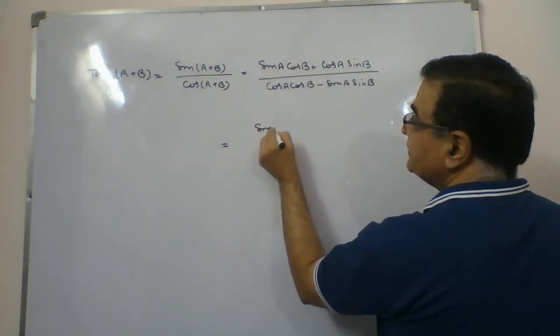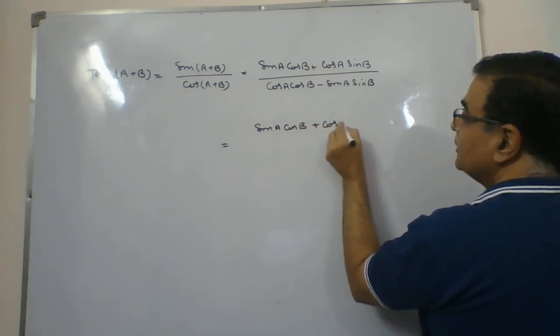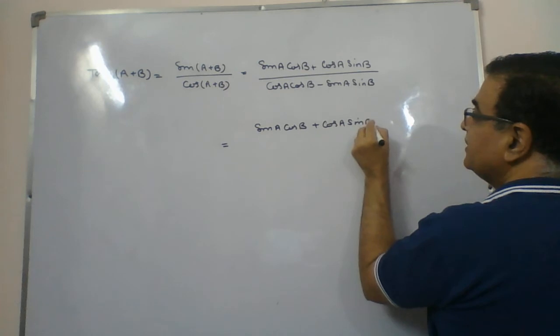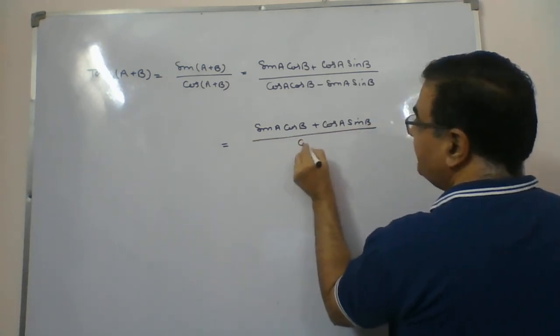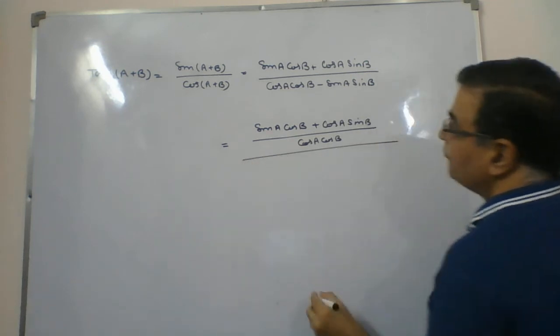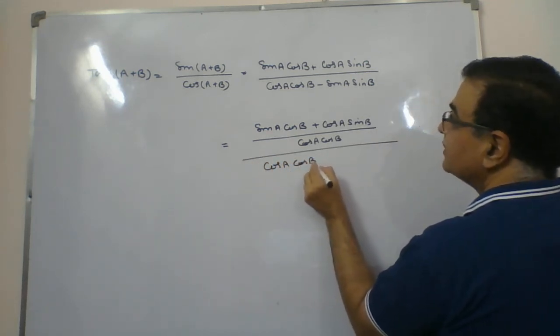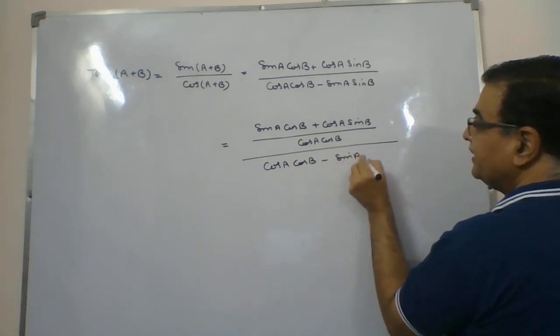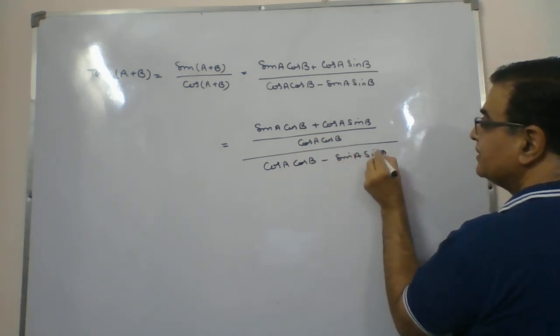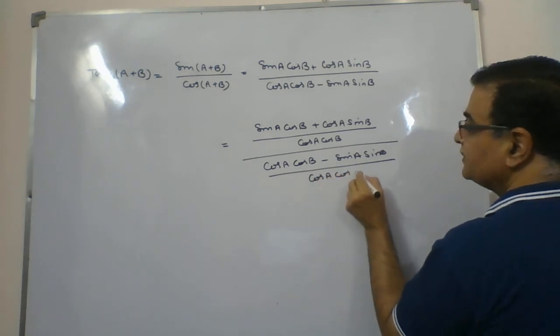So here we write sin a cos b plus cos a sin b divided by cos a cos b. Same way here, cos a cos b minus sin a sin b divided by again cos a cos b.